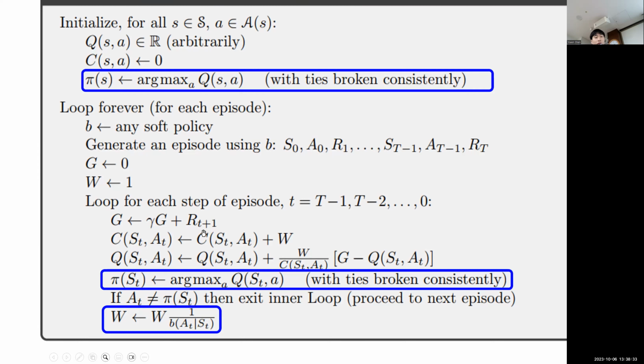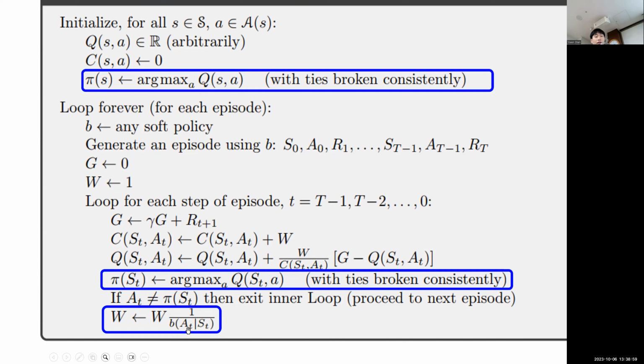All the steps are the same. The only difference is that we add this policy control update: we select one A and give it to the policy pi(St). So for this particular state, A is the best option that maximizes the current action value function.